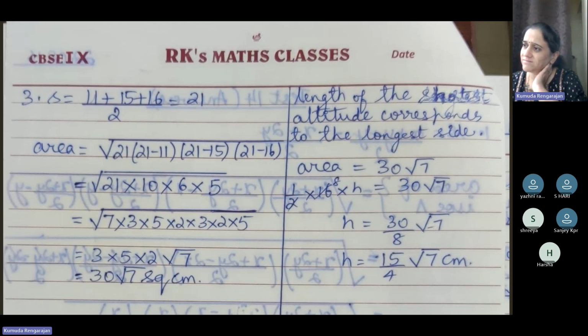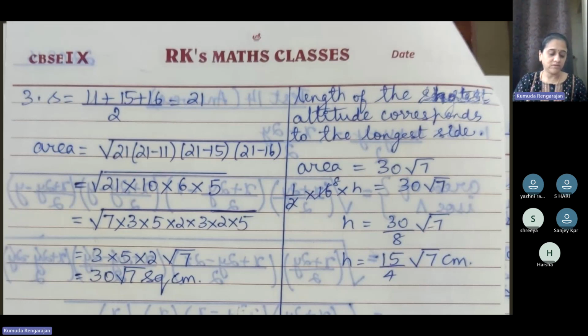For the shortest altitude we have to take the longest base. Longest altitude means shortest base. Shortest altitude, longest base. If you're not given the value of root 7 in the question, you can leave the answer like this.